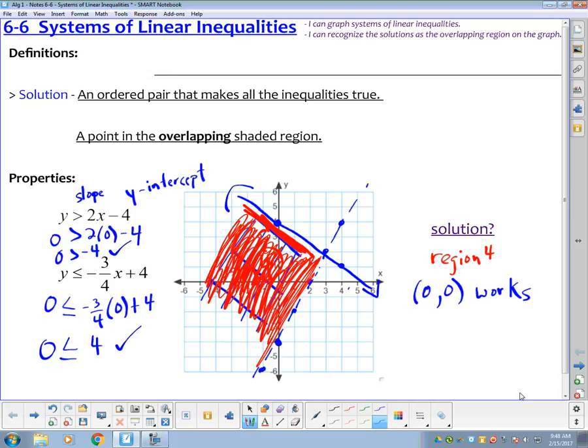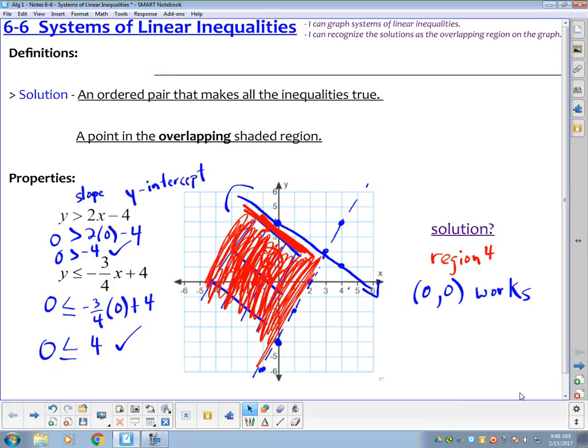So you're going to pick one and check it. And if the origin works, here's my advice to you. If the region that you shaded includes the origin, that's about the easiest one to plug in to check, 0, 0. Okay? That's a good one to check. If it doesn't, you'll have to pick a different point. But we're going to ask you to pick a point in the region and show that it works in both inequalities, makes both of them true. Okay, on the scope.